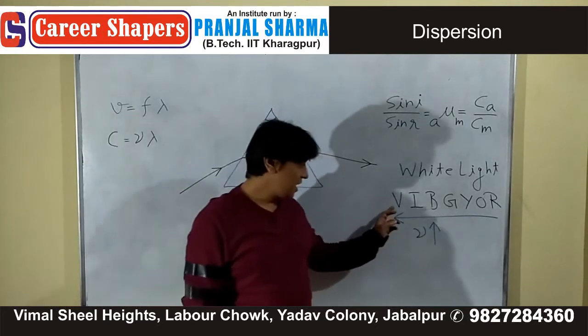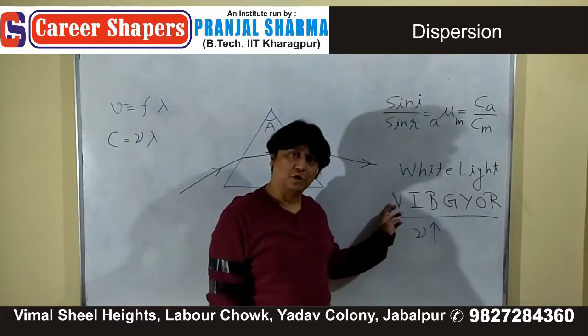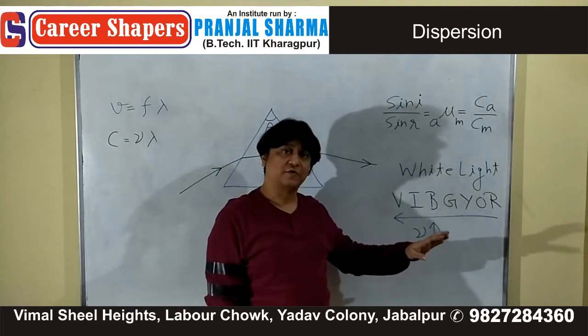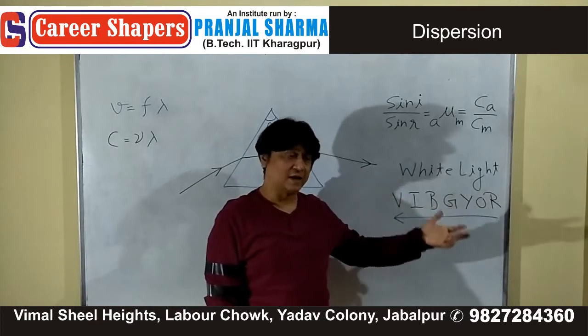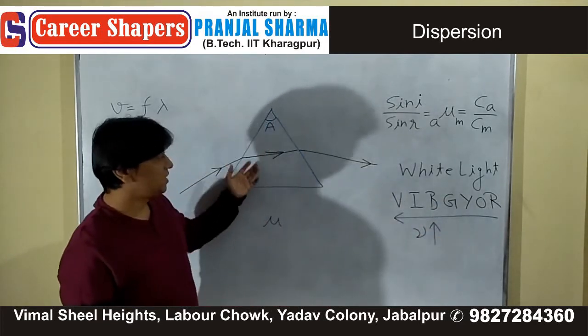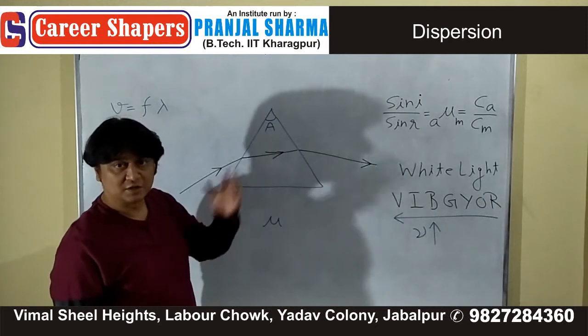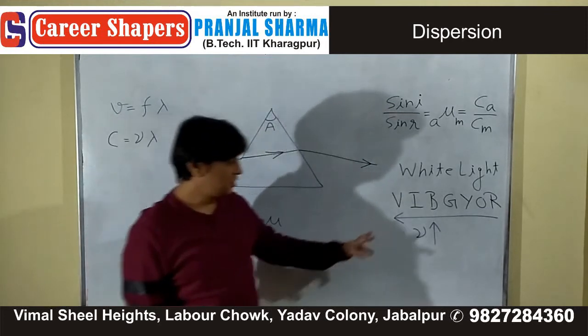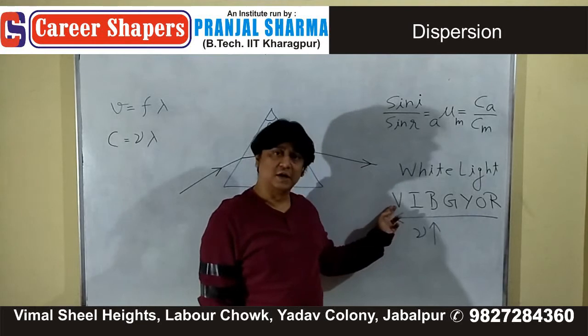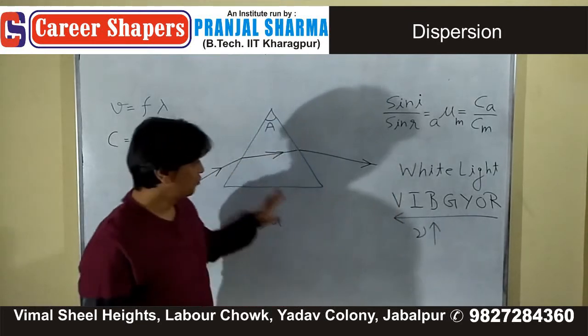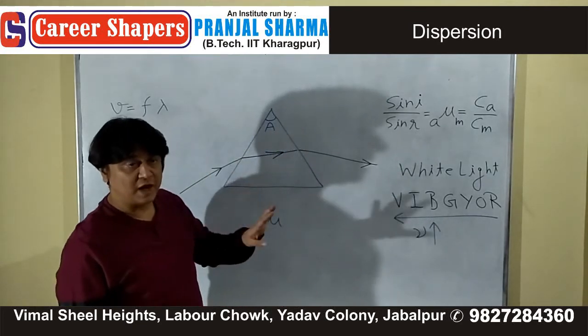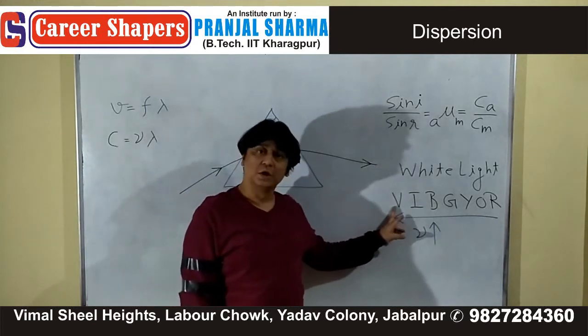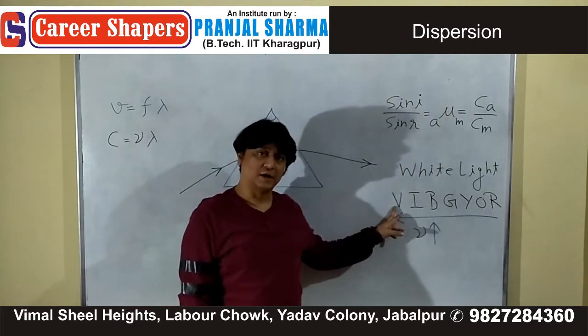And if you have a very high energy photon, then the chance of it interacting with the material atoms increases. Therefore, if it interacts more with the medium, that slows down the photon of the violet color.